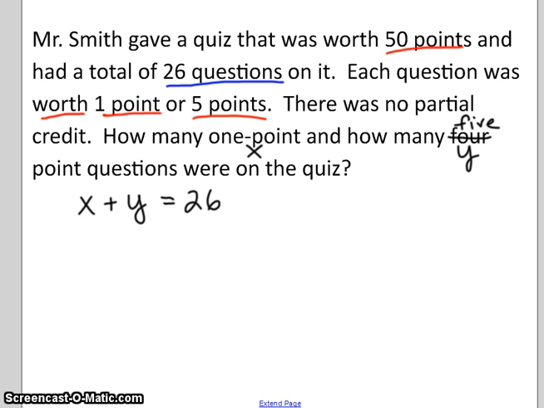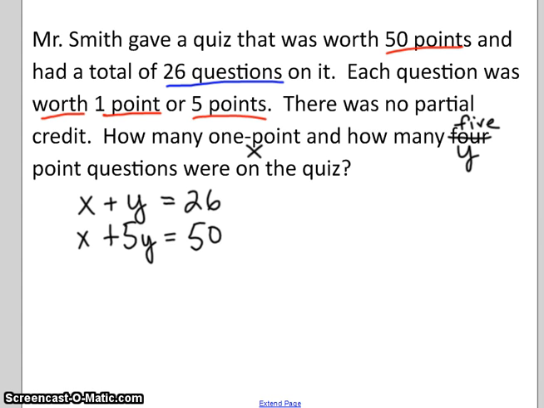How much are 1 point questions worth? Well, 1 point, so you can put 1x, but you really don't need to. And how many points are 5 point questions worth? 5 times the 5 point questions equals a total of how many points? 50.